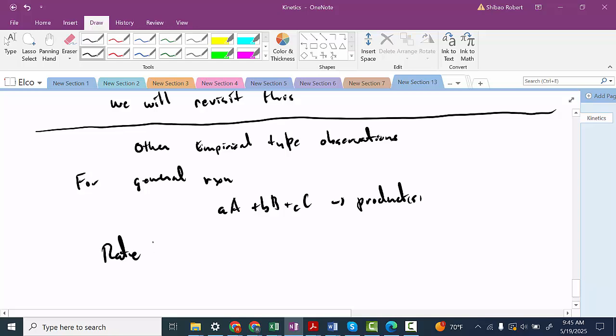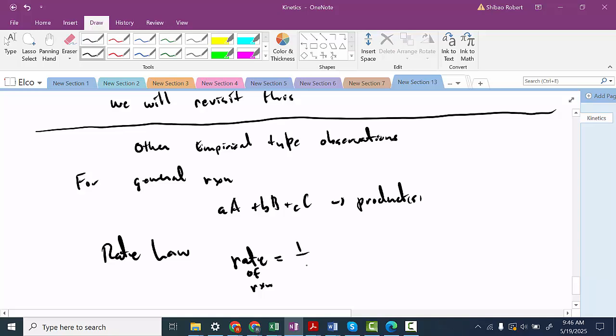The rate law is just some mathematical pattern that we might expect to see. The rate law is given as the rate. Now, what is it the rate of? Is it the rate of consumption of A, or of B, or of C? Well, this is going to be the normalized rate of reaction for this reaction.